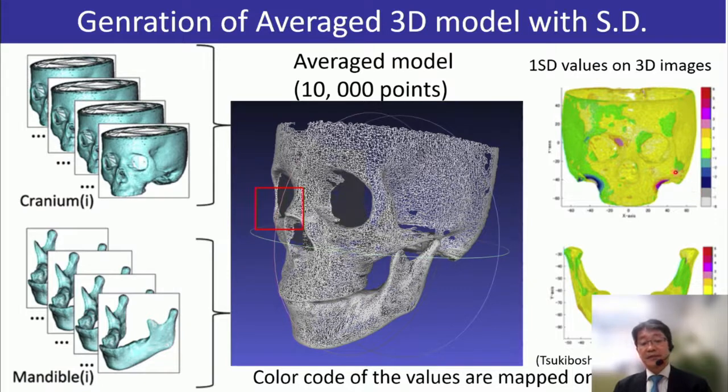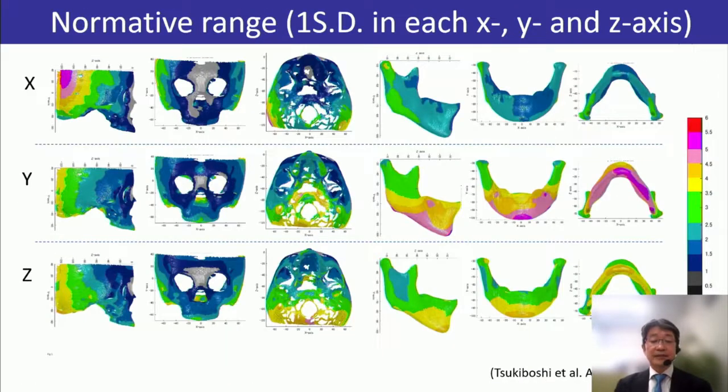This 1 SD value was mapped on these 3D images in X-axis, Y-axis, and Z-axis. This figure is a little bit complicated, but the value of the 1 SD was mapped on the 3D image as a color code. As you know, the 1 SD is the normative range.